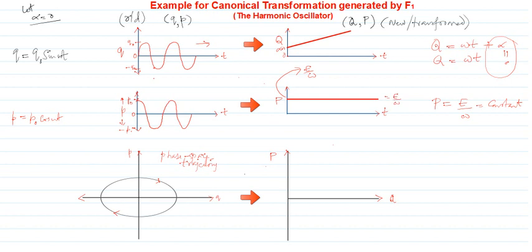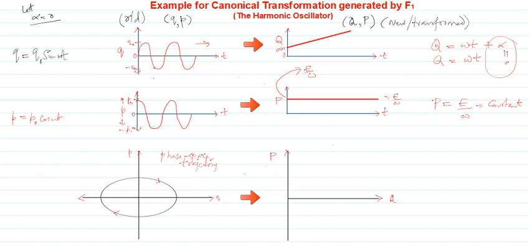And now just look at the graphs on the left side of the arrow and the right side of the arrow. You can see the transformation has finally resulted in converting the problem, which was completely oscillatory in nature, into completely linear in nature.